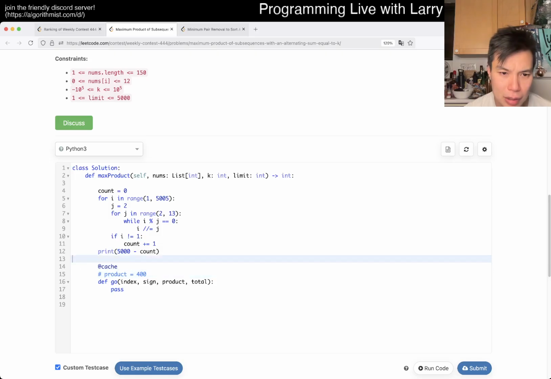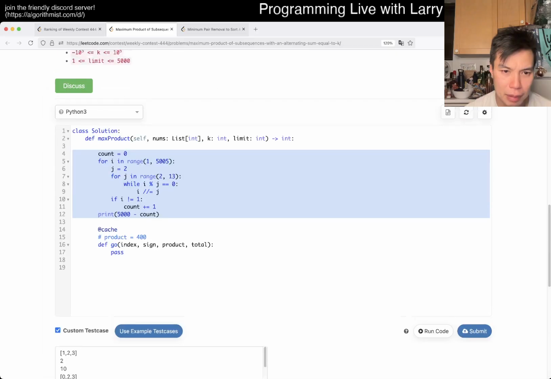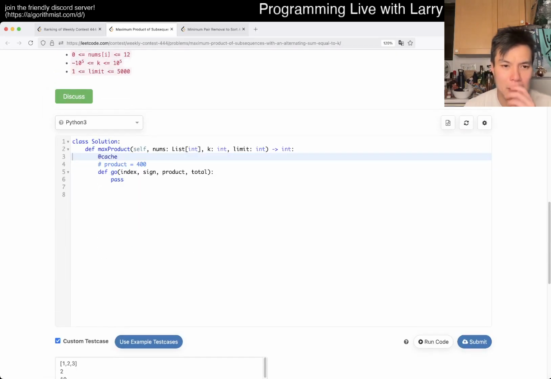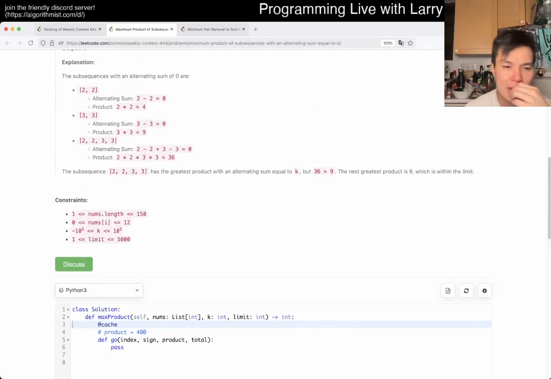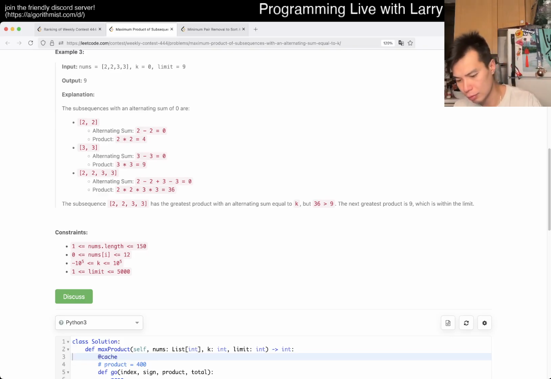Okay, so product is equal to 400 different things. I think, yeah, I printed it out. Nope, I did print it out. Okay, it's fine. Hmm. 5,000.